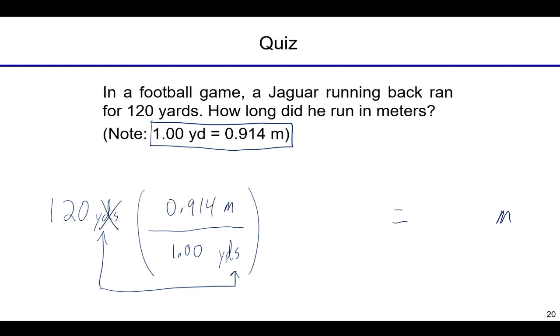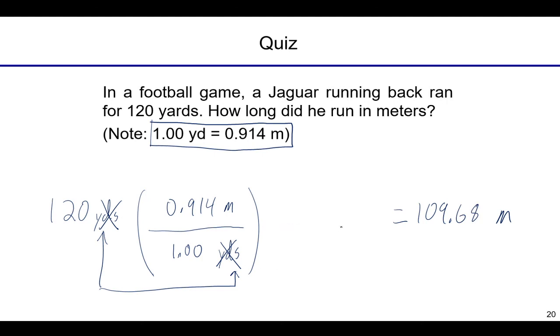The yards will cancel out because a unit divided by itself, just like a number divided by itself, cancels. Okay, and now you have to multiply across the top. 120 times 0.914 gives us a number like 109.68 meters.